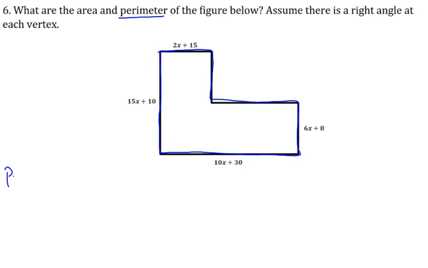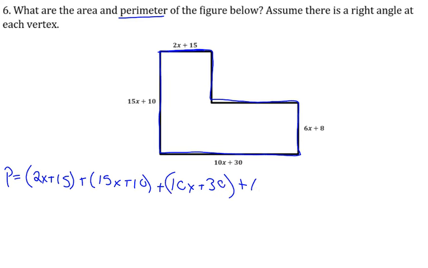So I know the perimeter is 2x plus 15 from this piece up here, plus 15x plus 10, plus 10x plus 30, plus 6x plus 8. And then I'm missing this purple side there.